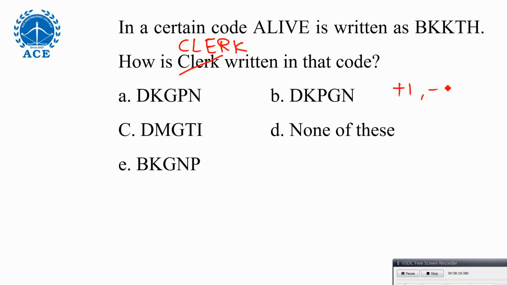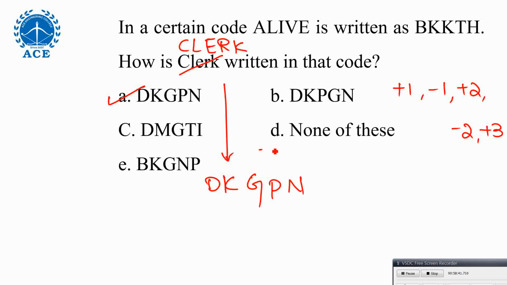Plus 1, minus 1, plus 2, minus 2, plus 3, maybe continuing, minus 3 will come. So C's next letter is D, L's previous letter is K, E plus 2 will be G, R minus 2 is B, K plus 3 is N. Apply plus 1, minus 1, plus 2, minus 2, plus 3, then minus 3, and it goes on.